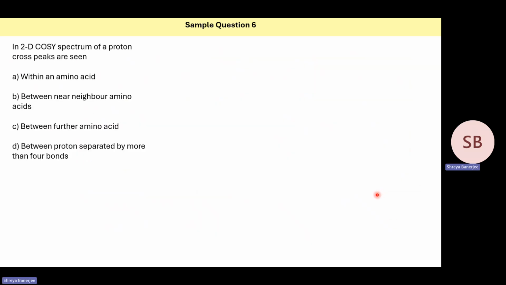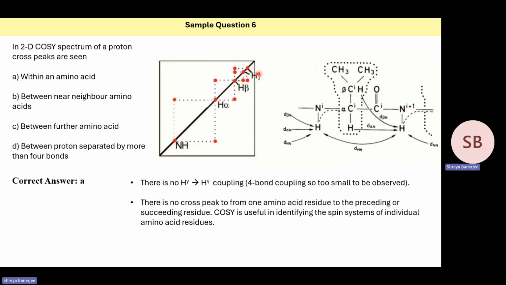The second question asks: in 2D COSY spectra, cross peaks are seen within the same amino acid or between different amino acids? If you look at this, you are able to see cross peaks only within the same amino acid, because you see NH to H alpha to H beta to H gamma.